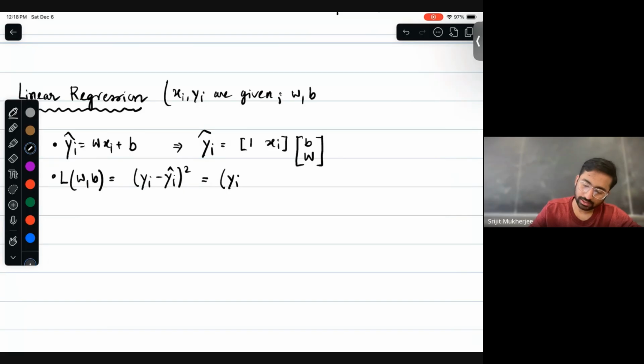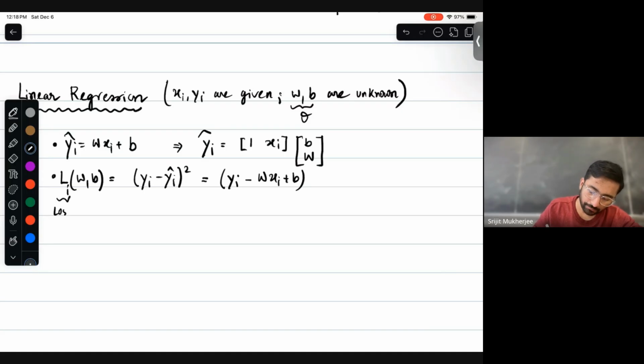And w and b are unknown. These are the parameters, theta. So yi minus (w xi plus b), whole square. This is the loss for the i-th data point.